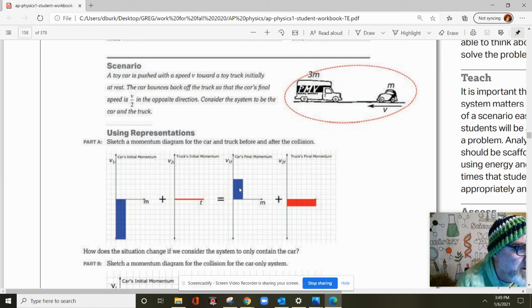We have 4 units positive momentum. So this momentum and this momentum have to add up to this area, and this area equals this area plus this area. So this would be 1, 2, 3 times 1. I don't know. It doesn't feel like it works to me. It seems like the car's negative momentum.